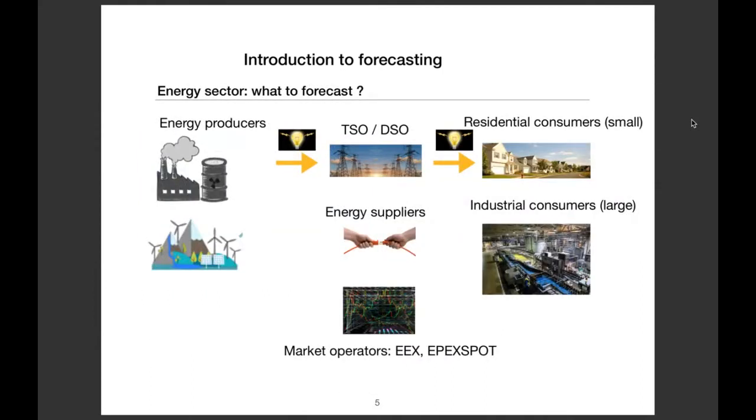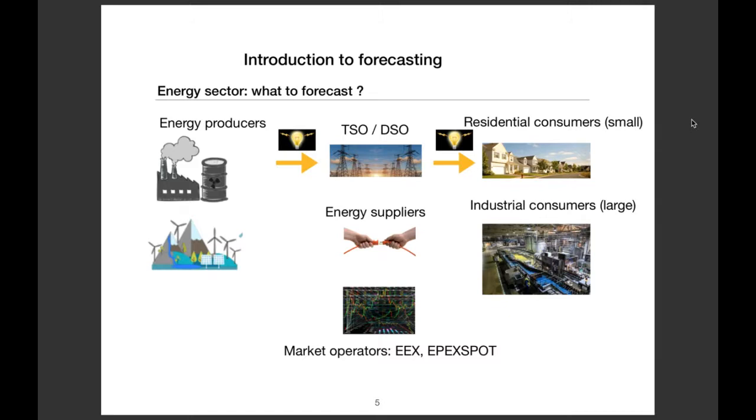If we come back to the energy sector, because this is a topic of interest in this course, because we're in the microgrid lesson, you have these actors. There are many energy producers. It could be a coal power plant, a nuclear power plant, a wind power plant, PV plant, etc. They produce some energy. So in this sector, it is electricity. And then this electricity goes to the grid, so to the TSO and DSO.